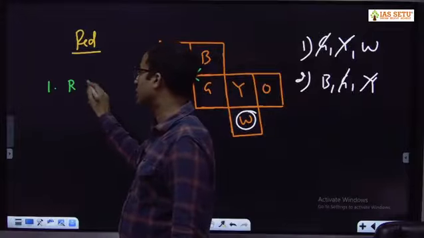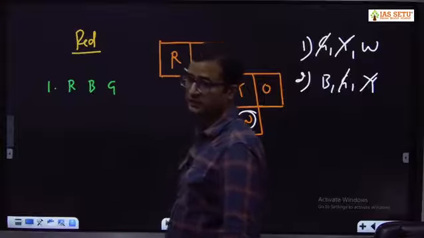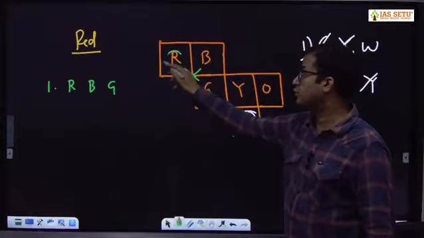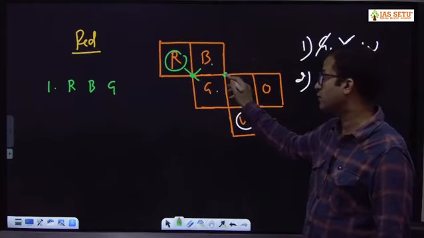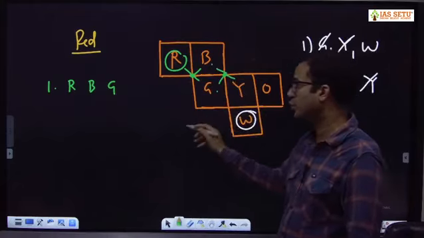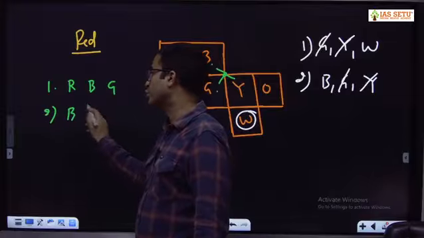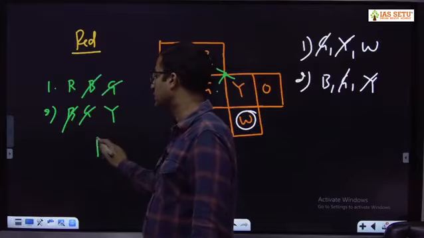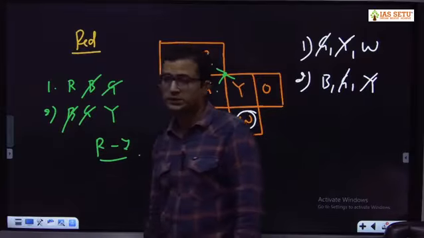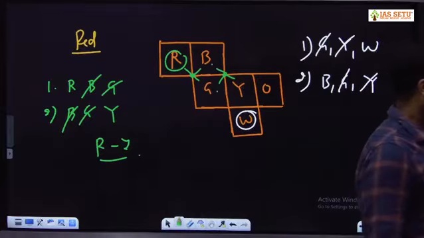So red, blue, green are on adjacent faces. Question is opposite of red, so try to make blue and green common. So you take another vertex which is common for blue, green, yellow. So blue, green, yellow are adjacent. Blue and blue cancel, green and green cancel. So red and yellow are opposite.